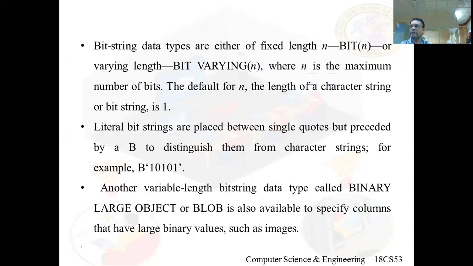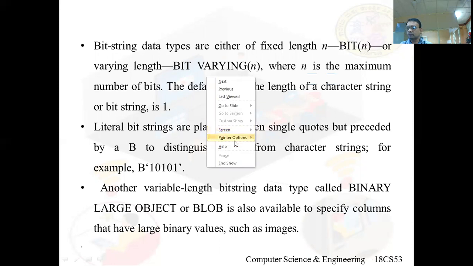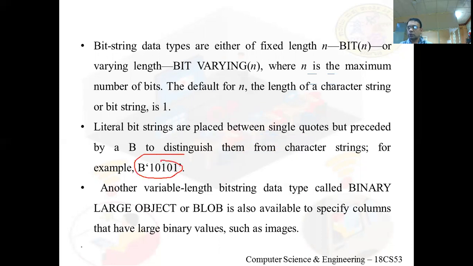And we have the bit string data type, bit of n or bit varying n. If you want to store a fixed number of bits, we go for bit n. If you want to store varying length bits, we go for bit varying n. This is the data that can be stored in databases.